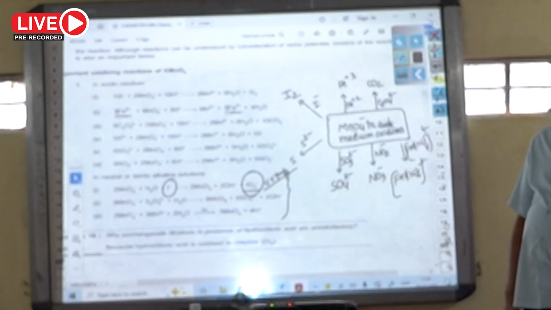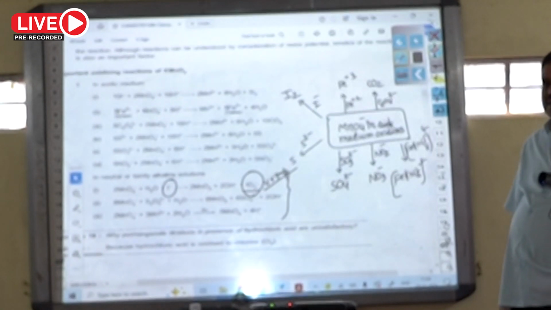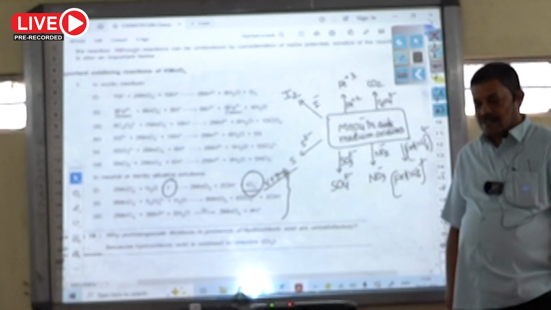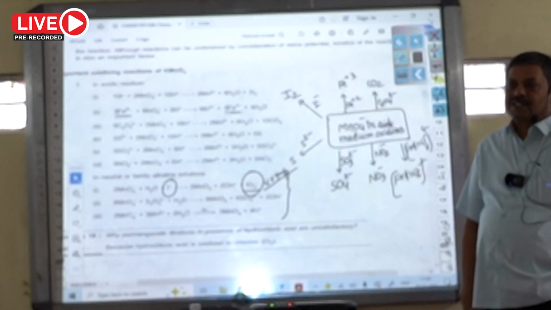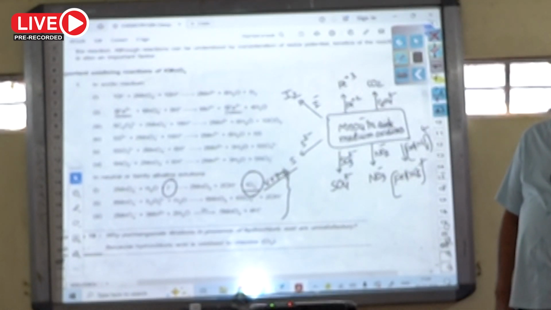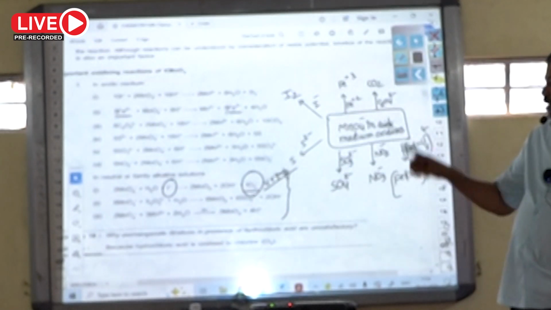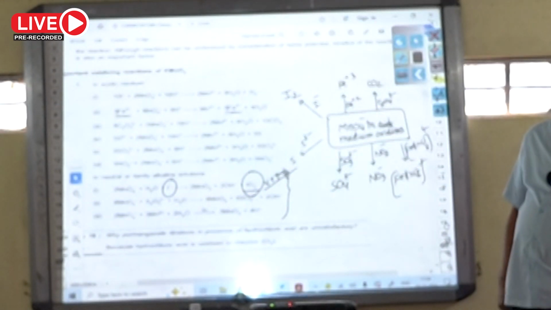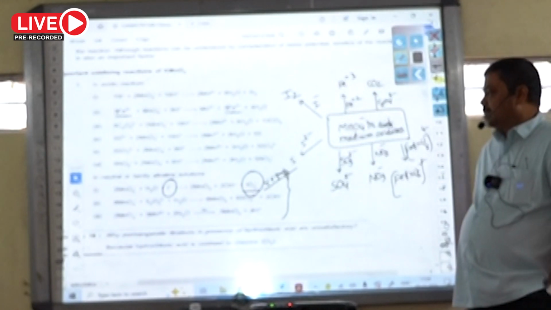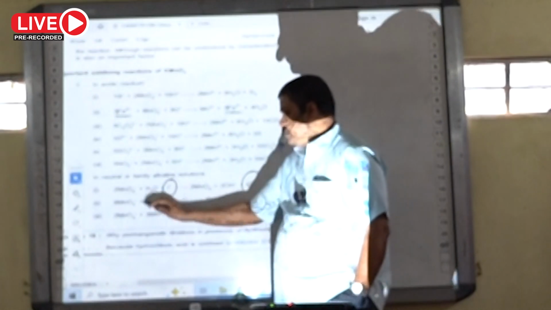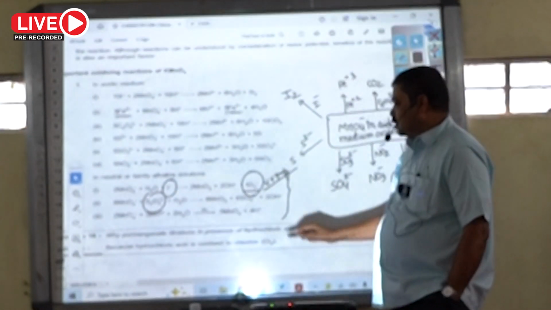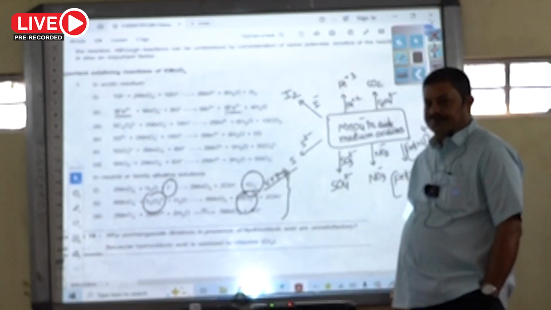IO3 minus is called iodate. I minus oxidation number is -1. In IO3 minus, I has +5 state. So -1 to +5, oxidized. And S2O3 2 minus, thiosulfate, to sulfate.